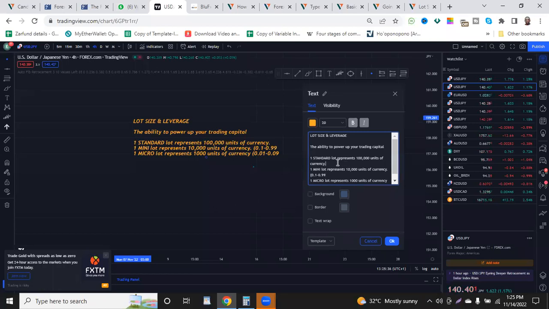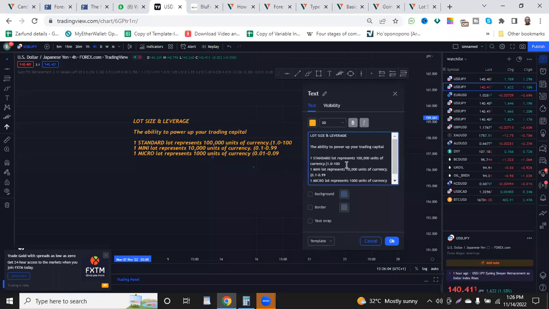Then the standard lot is 1.0 all the way to 100 or so.